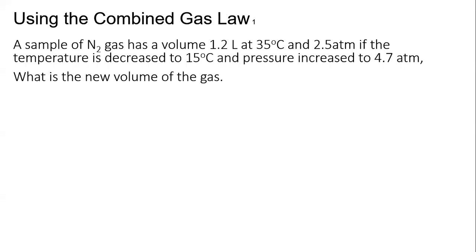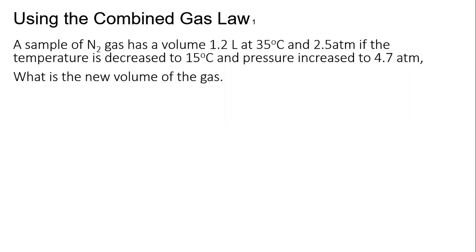We have a sample of nitrogen gas, has a volume of 1.2 liters at 35 degrees Celsius and 2.5 atmospheres. If we decrease the temperature to 15 degrees Celsius and pressure is increased to 4.7 atmospheres, what's the new volume of the gas?